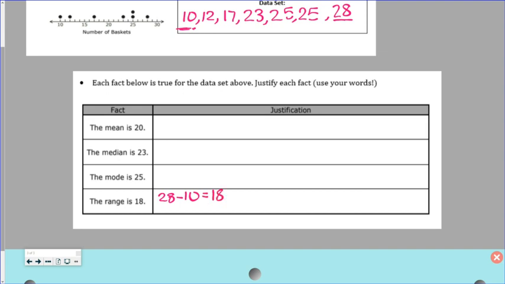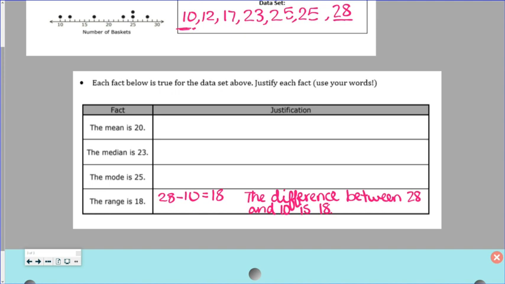So the range is 18, and we know that because the difference, or subtraction, between 28 and 10 is 18.